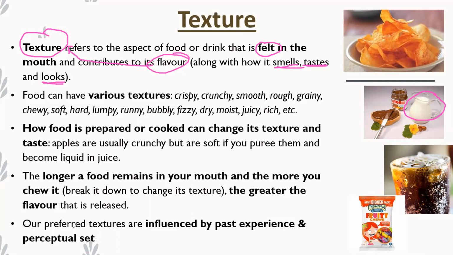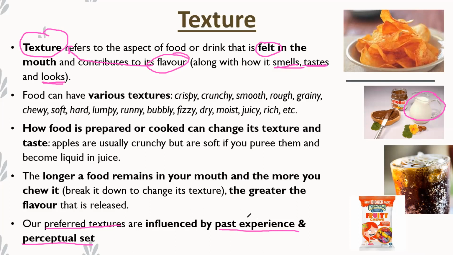Now, our preferred textures are influenced by past experience and perceptual set. So if you're someone who grew up eating a lot of crispy, crunchy foods, you would really love the idea of having a bag of chips while you watch a movie. If you're someone who's not so much into crunchy, but more into soft foods, you might prefer to have popcorn, okay?